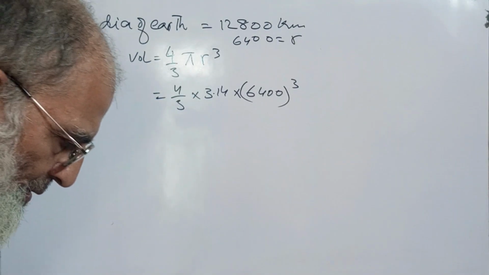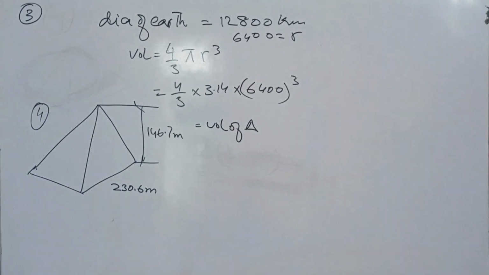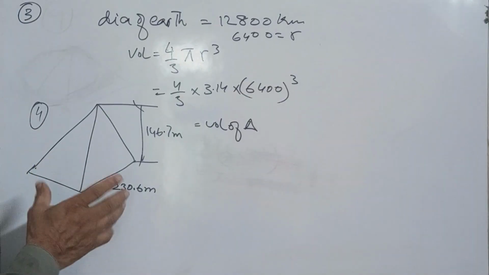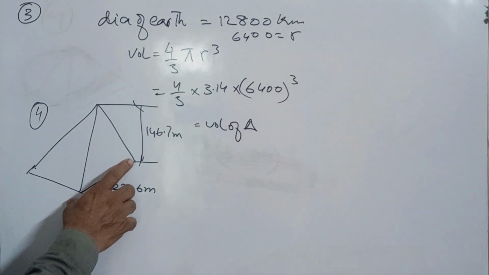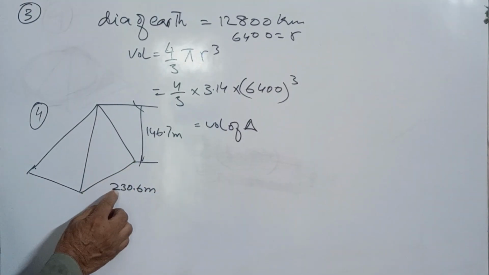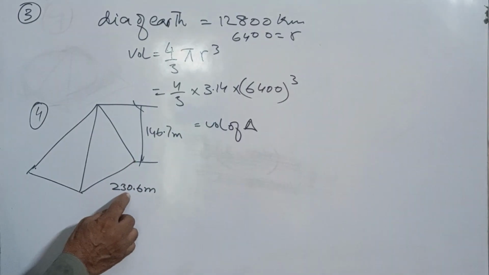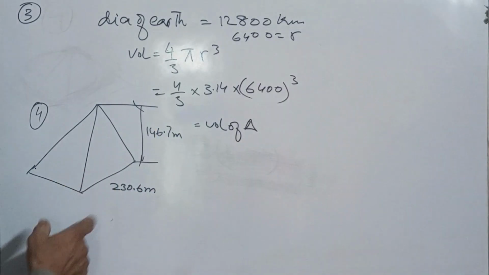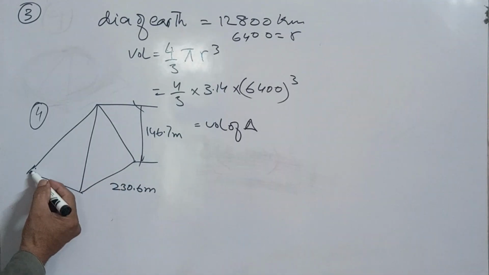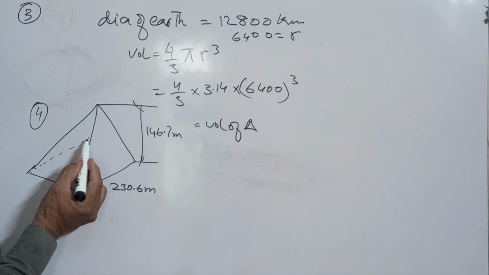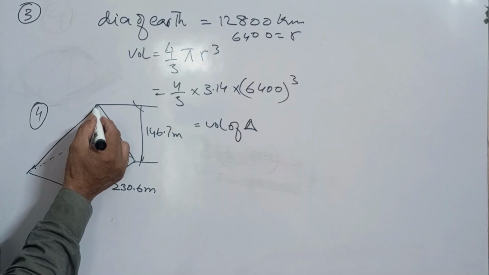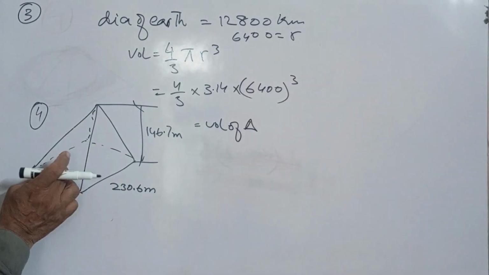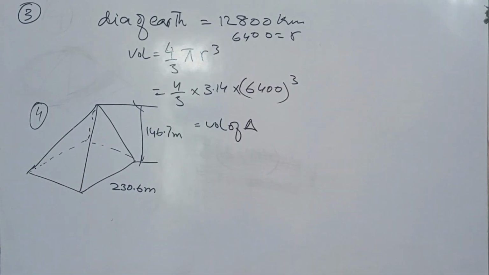It will become the answer in kilometers. Question number 4 says this is the pyramid which is in Giza, Egypt. The side of the base is 230.6 and the vertical height is 146.7, and the base is square. So there are four triangles with one square base.